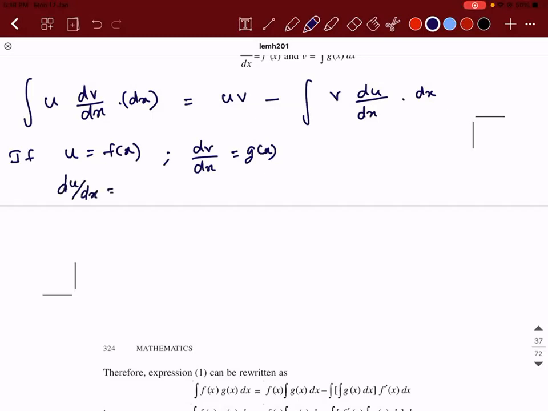Then du by dx will be equal to f dash of x and v will be equal to integral of g of x dx. Correct? Because dv by dx is g of x, so dv is equal to g of x into dx. Integrate on both sides, v will be equal to integral of g of x into dx. Correct?